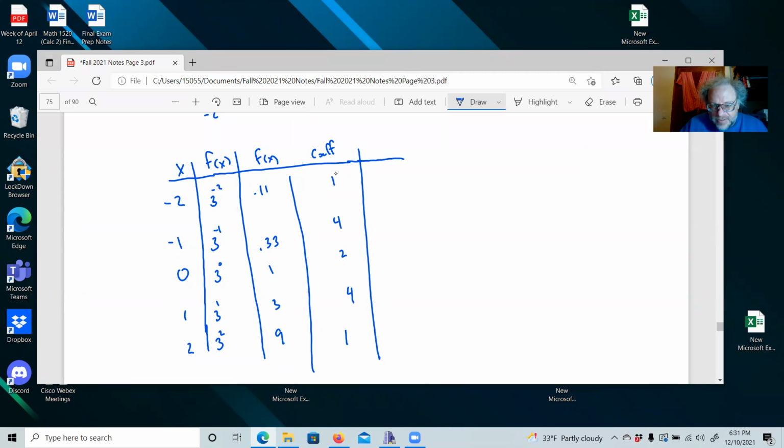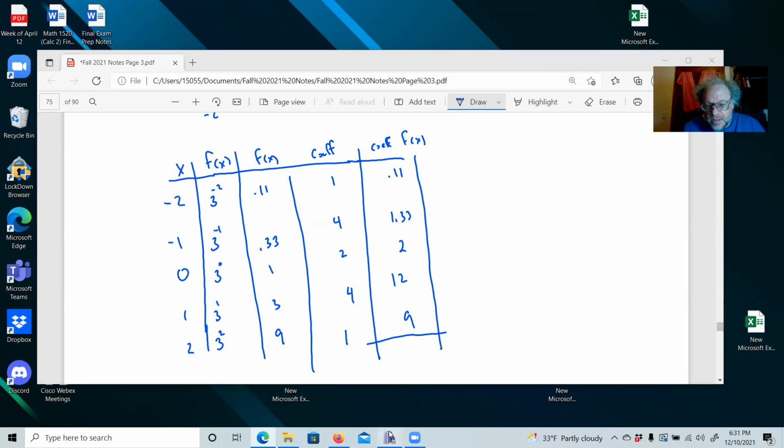Let's take our coefficient times our f of x. So 1 times 0.11, 0.11. 4 times that, that's really 4/3, so it's 1.33. 2 times 1, 4 times 3, 1 times 9. And then we're just going to add these up.